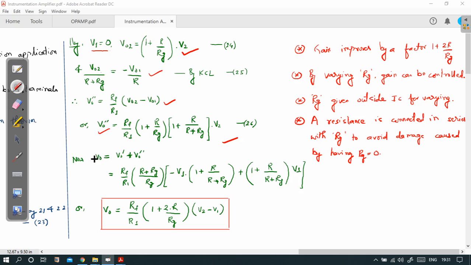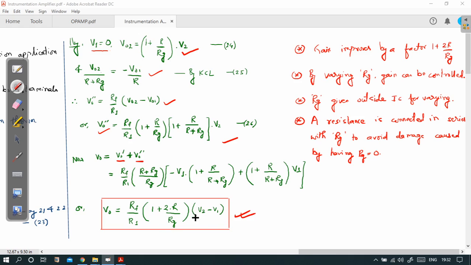Now the final output would be the summation of VO dash and VO double dash, because we are using the superposition theorem. The first condition's output plus the second condition's output should be summed to get the final output voltage, and after simplification you will get an equation for VO like this: RF by R1 into (1 plus 2R by RG) into (V2 minus V1).